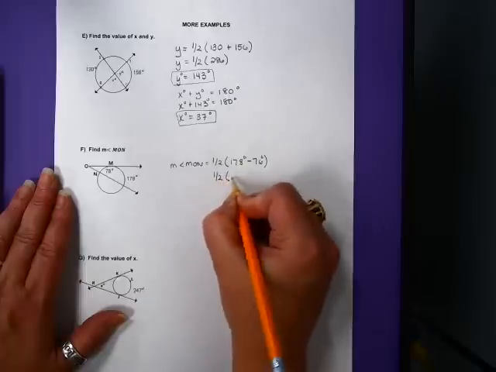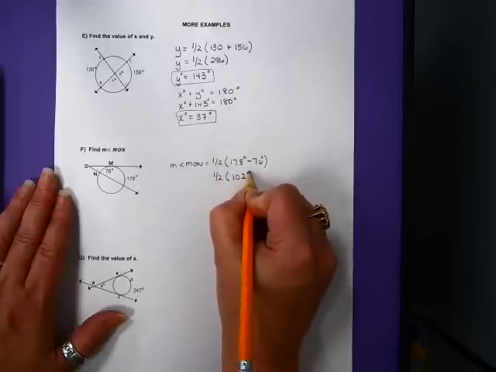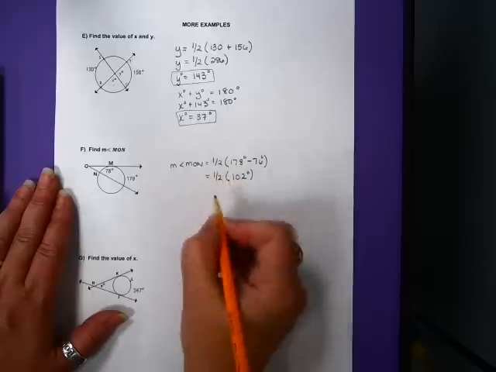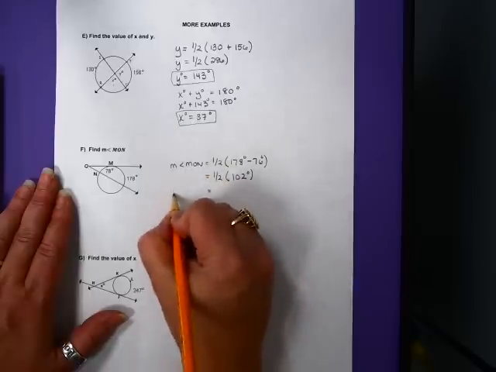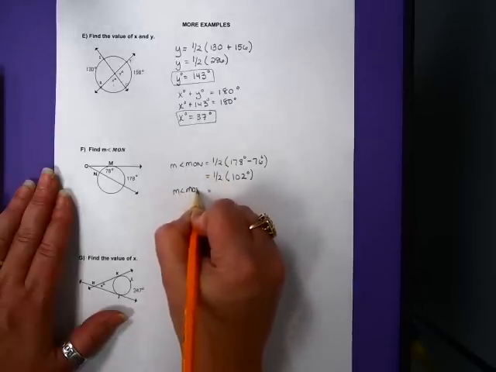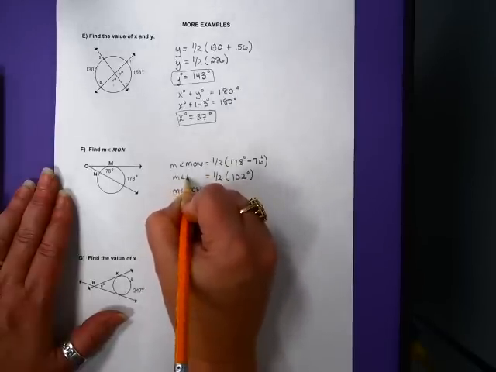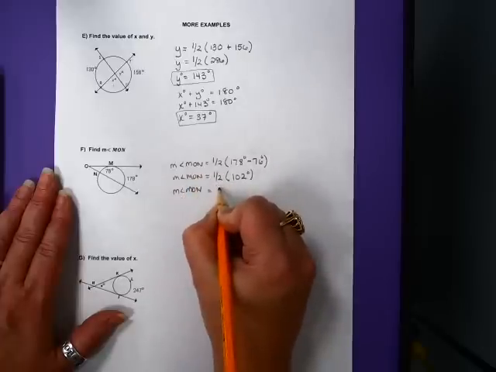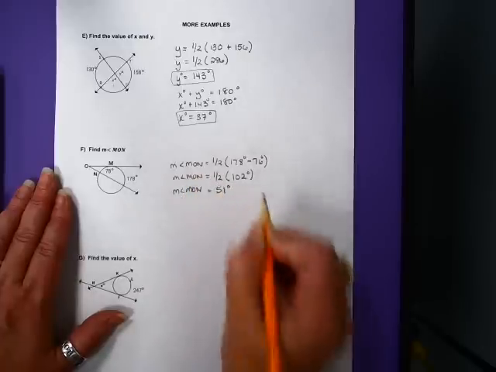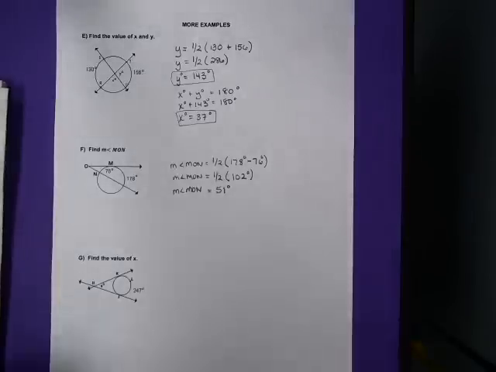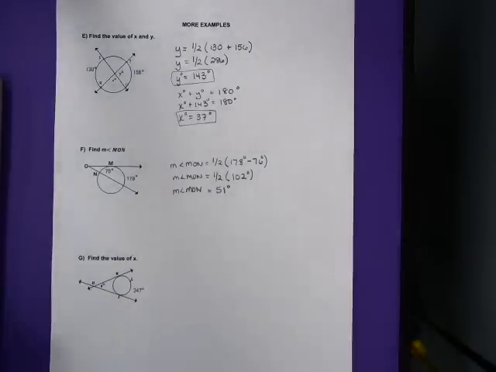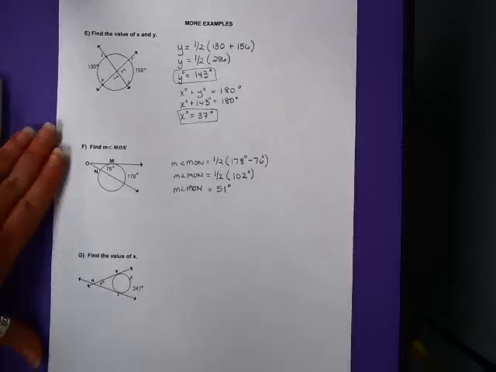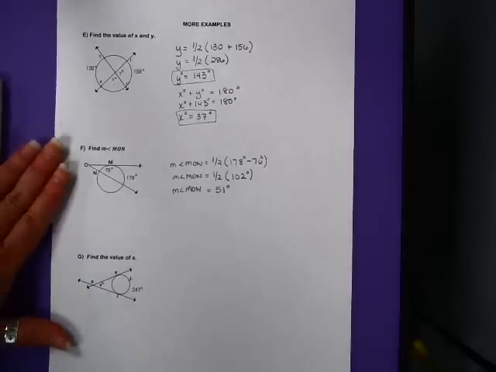So half of 102 degrees. So we know that the measure of angle MON is equal to 51 degrees. Again, I didn't show as many details, but I did still show work, which is required.